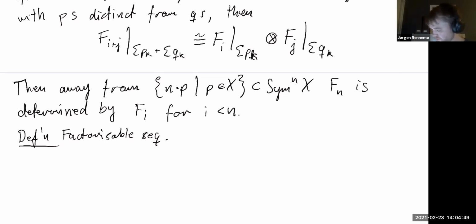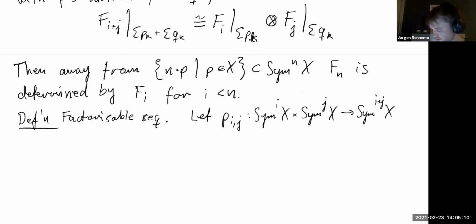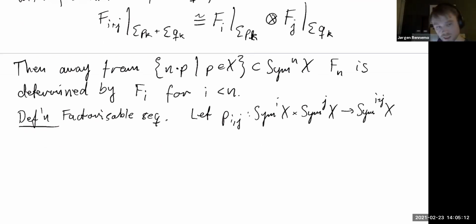First of all, there's a natural addition map which we've been using already, p_ij, of just adding points.